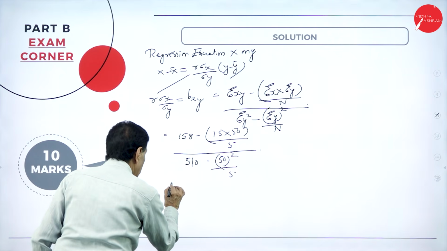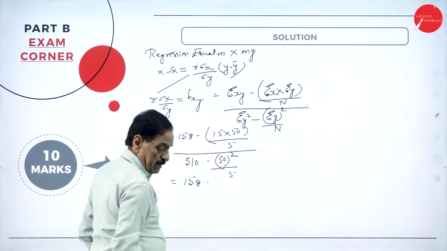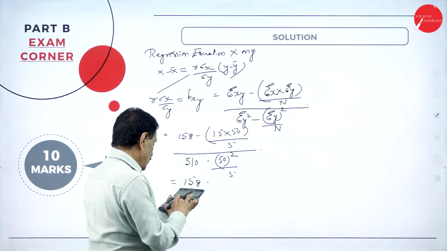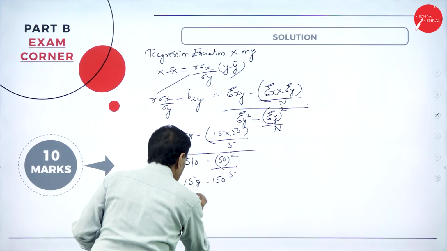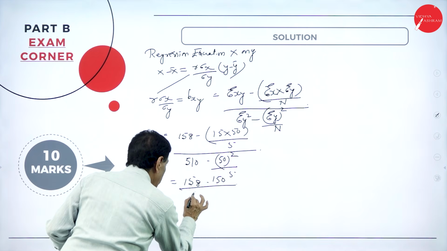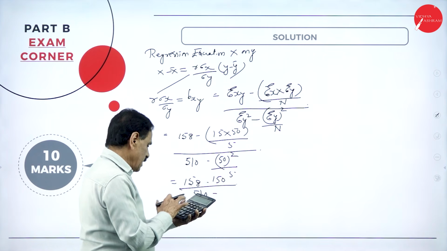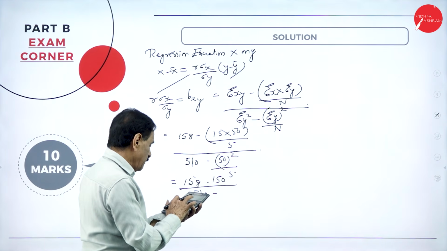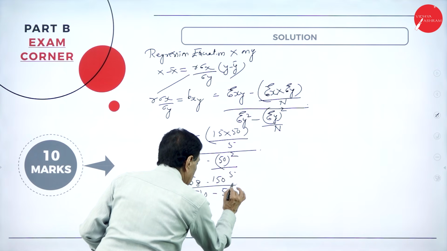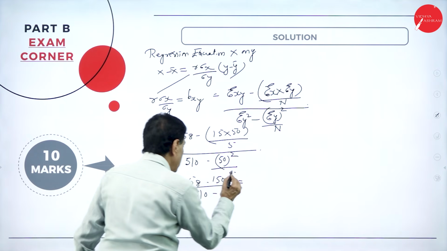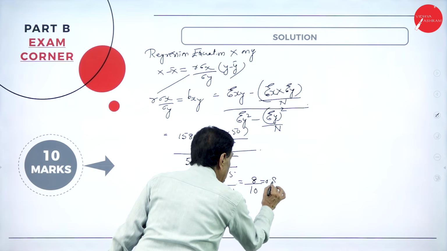Simplify. 158 minus 750 divided by 5, that is 150. This is 510 minus 50 into 50 divided by 5, that is 500. This is equal to 8 divided by 10, 0.8.